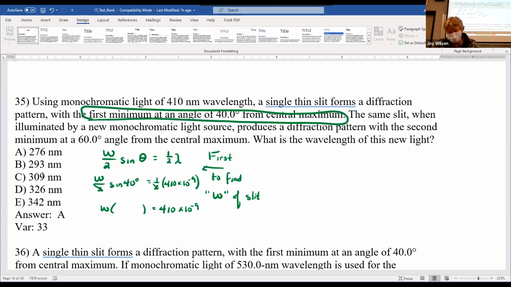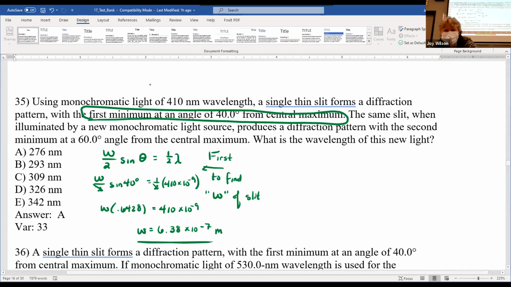Sine of 40 is 0.6428. Divide 410 e negative 9 by 0.6428, which is 6.38 times 10 to the negative 7th meters. So there's my slit width.